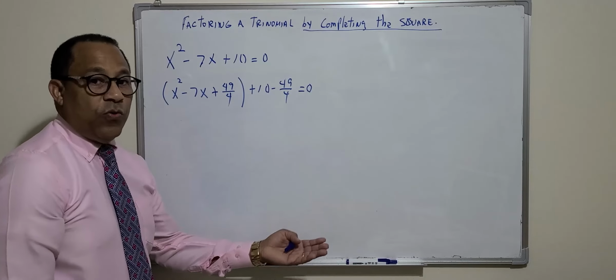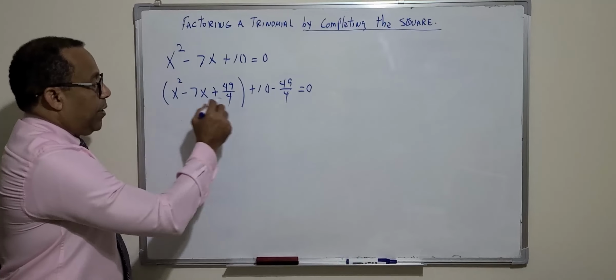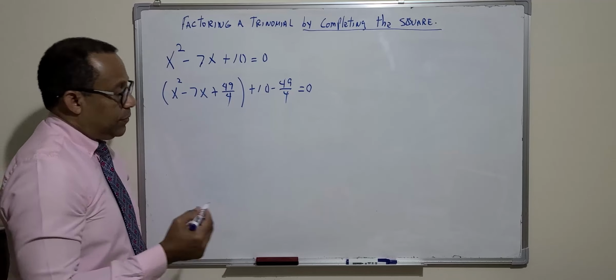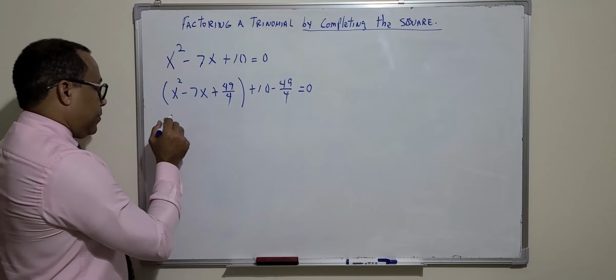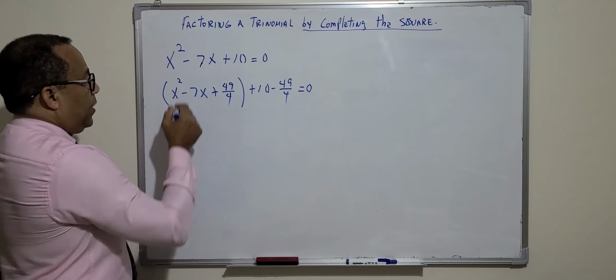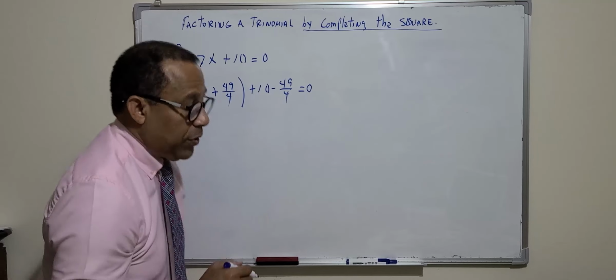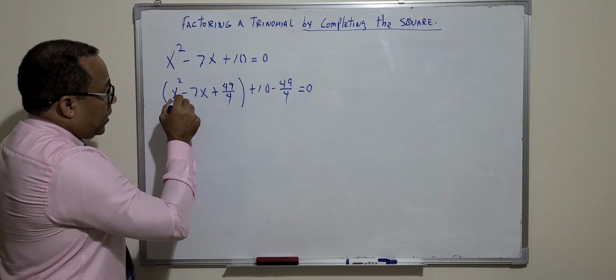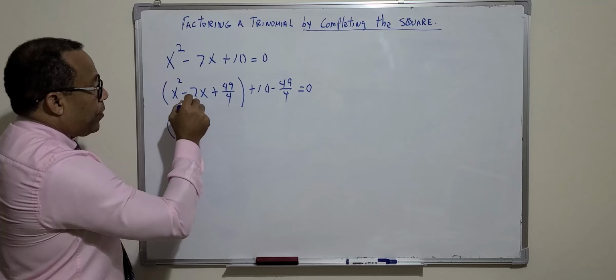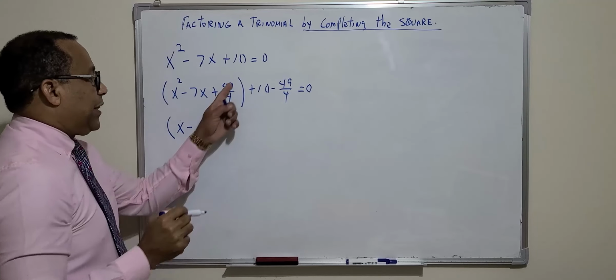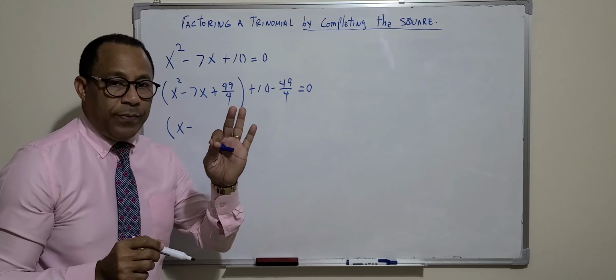How do we move forward? Simply by solving the perfect square trinomial, by factoring. We know how to factor it. The square root of the first term, since it's a perfect square trinomial, then the sign of the second term, always the sign of the second term, which is negative, and the square root of the third term.